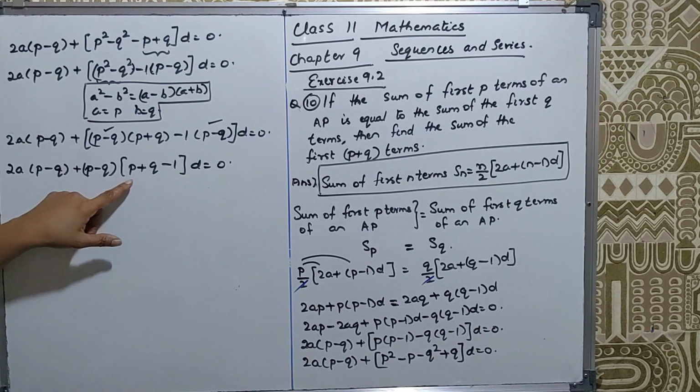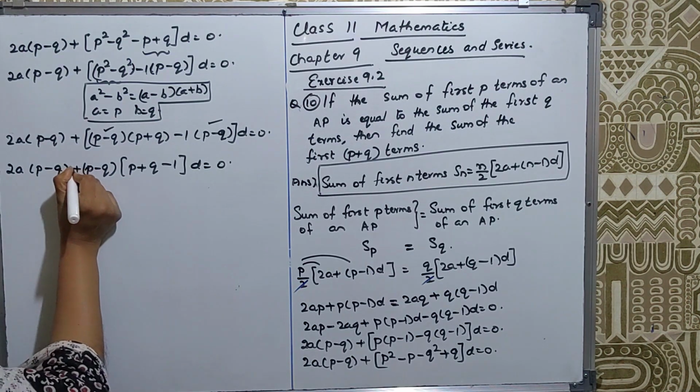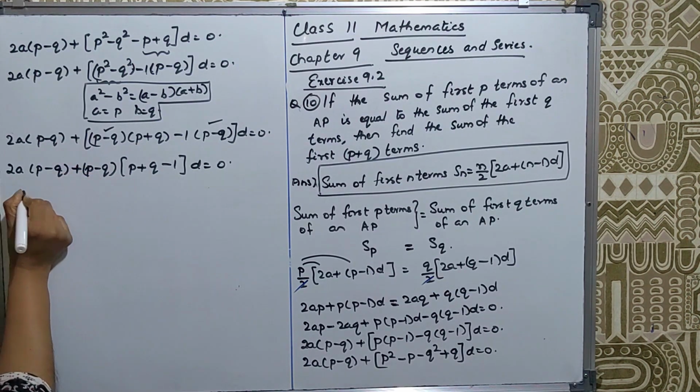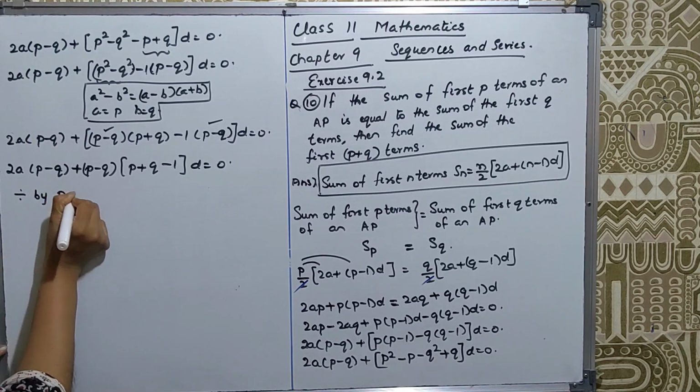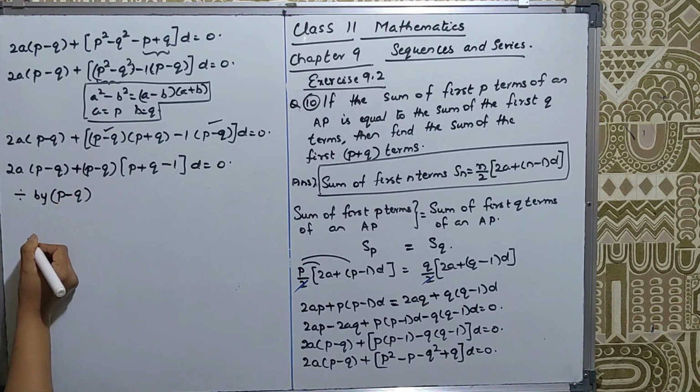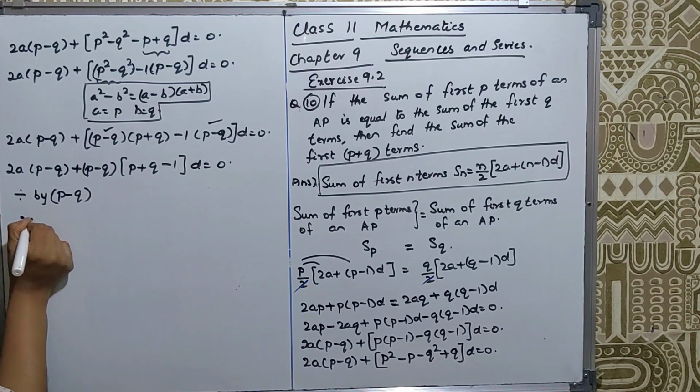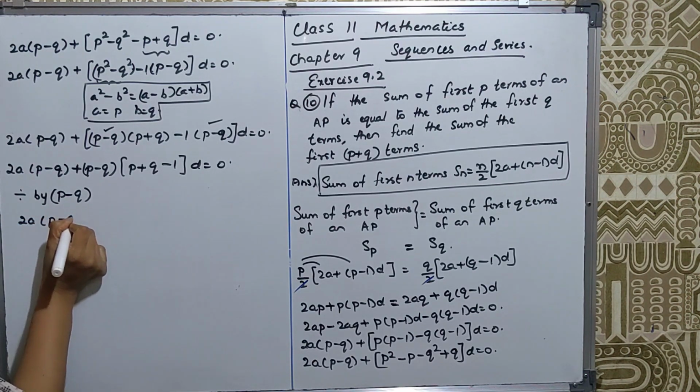Now p minus q is common for both the terms. So I'll divide throughout by p minus q. One time I'll show the division, but later no need.